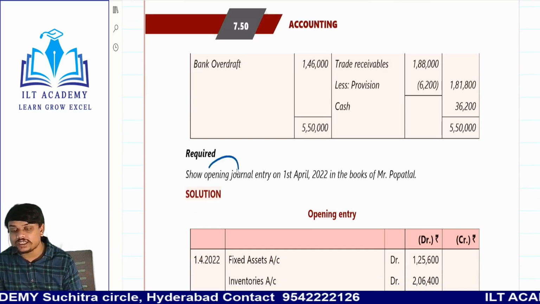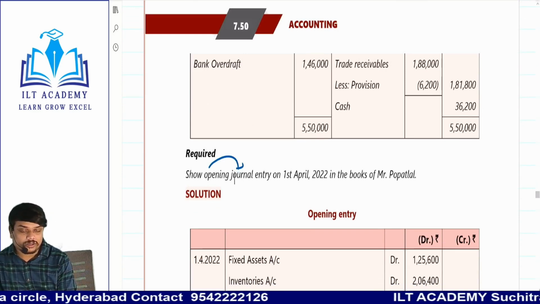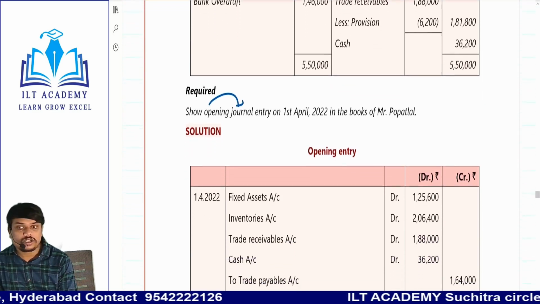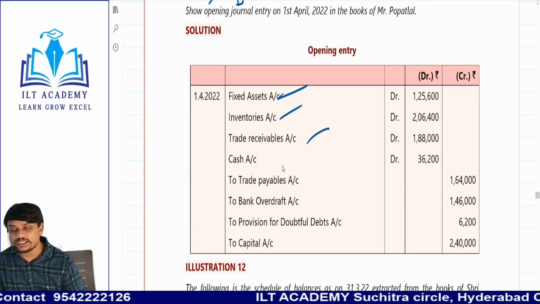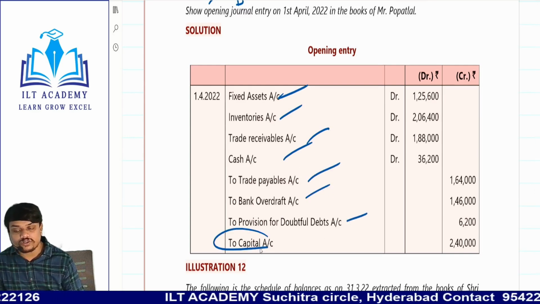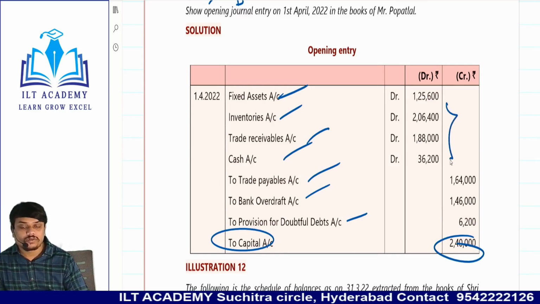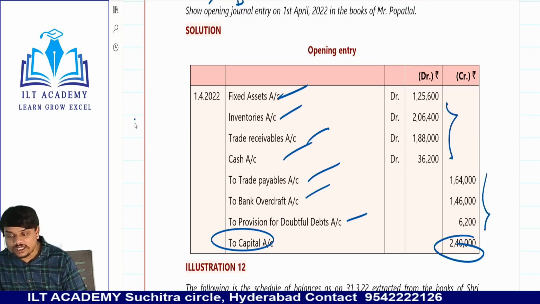So the opening journal entry is very easy. You'll record all assets account debit to liabilities to capital account. Whatever assets are given in the balance sheet, like fixed assets, inventories, trade receivables, cash, trade payables, bank overdraft, provision for doubtful debts, to capital account. That's it. That is basically what is given. Opening journal entry is very easy.